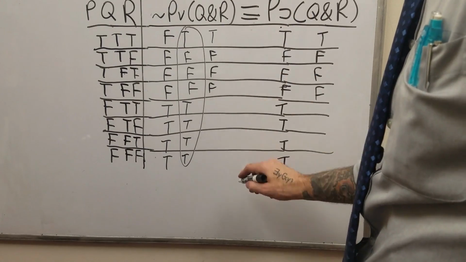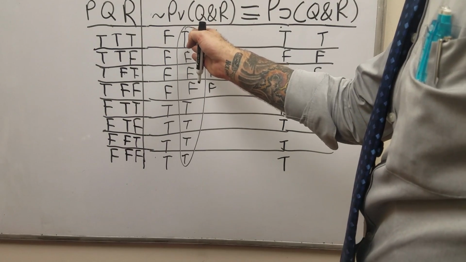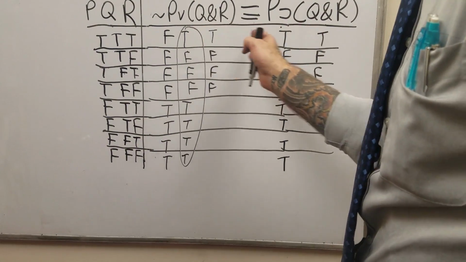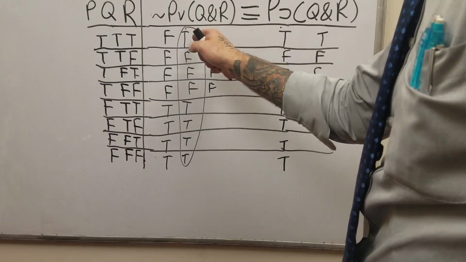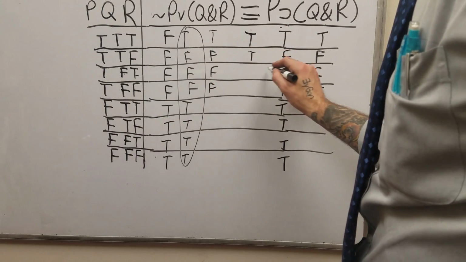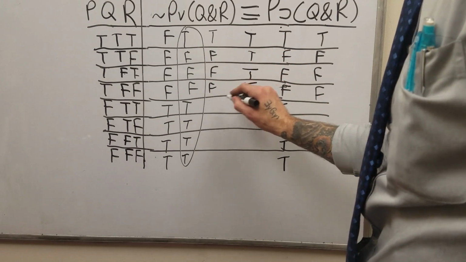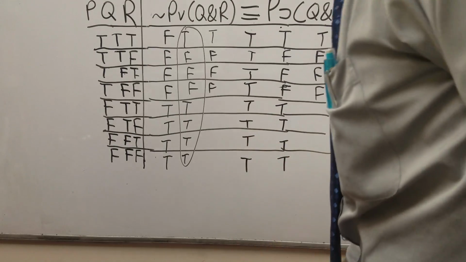Remember, triple bar or biconditional, it's true everywhere you have the same truth value on both sides of it, right? So we want to compare these 2 truth values. They're the same here. They're the same here. Same here. Here. Here. Here. Here. And here.